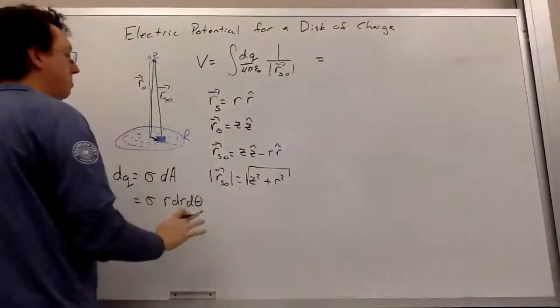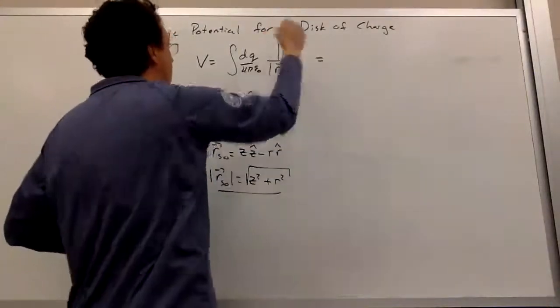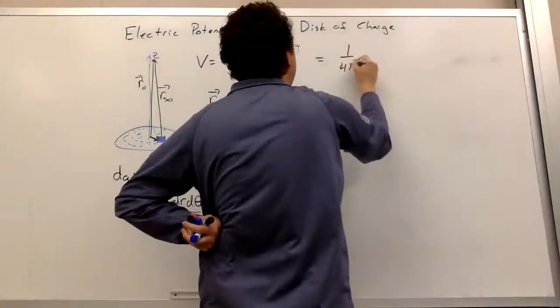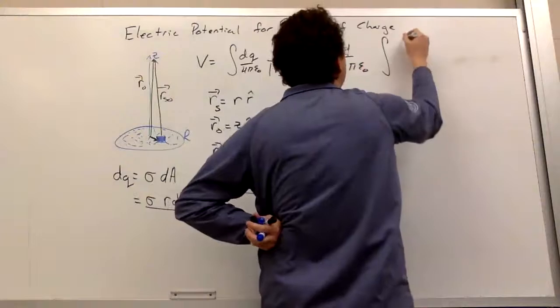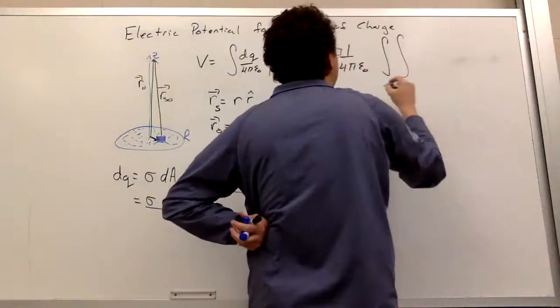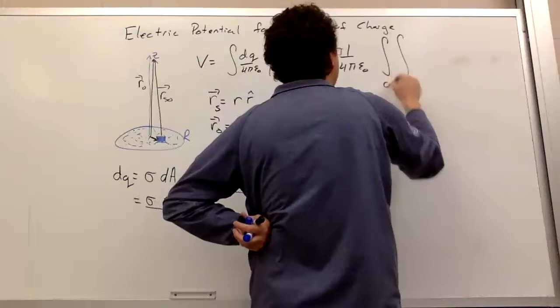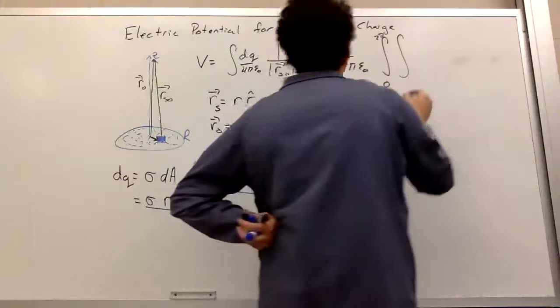All right, so let's plug in. Take all these little pieces, pull in this bit and this bit, drop them in, and see what's left. 1 over 4 pi epsilon naught times the integral. Now I have a double integral. I'm going to integrate theta from 0 to 2 pi. Nothing depends upon theta, so that integral is trivial.